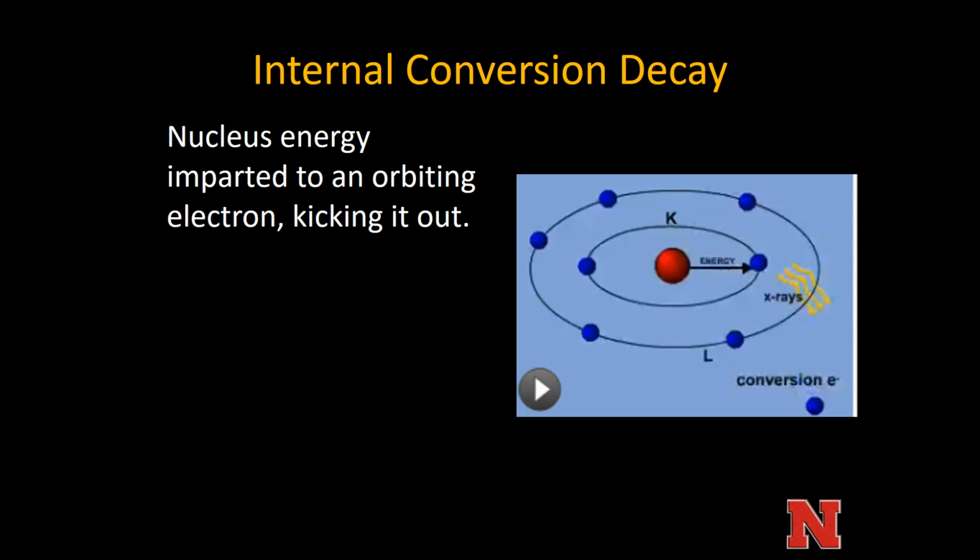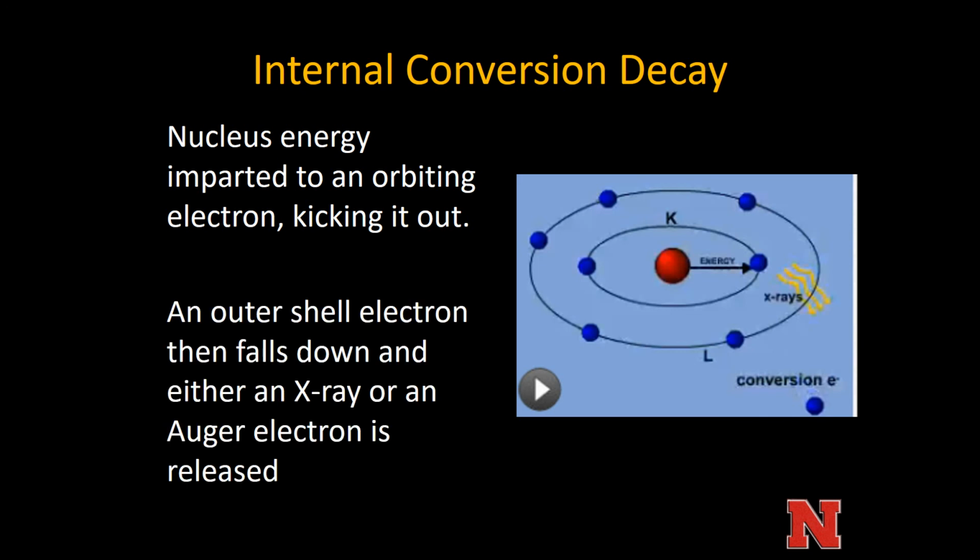All right, internal conversion decay. So what happens with internal conversion decay? That's where a nucleus has energy, and it imparts its energy onto an orbiting electron, kicking it out. So a nucleus has excess energy.